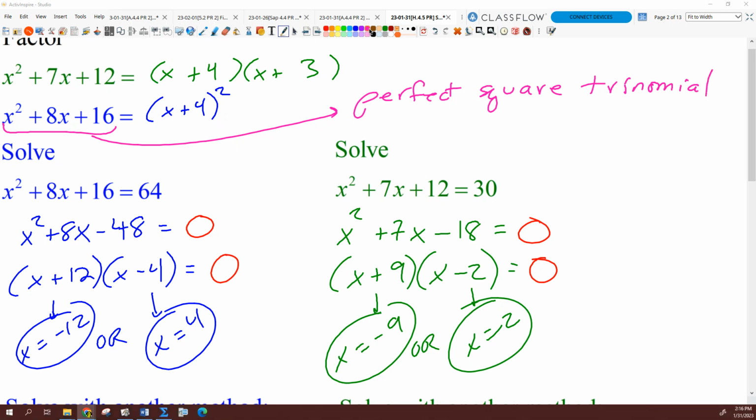Which factored into the same magic numbers twice, is what we always said, right? If we have a perfect square trinomial, we get the same magic numbers twice. So I'm always going to get a factor squared. Okay, let's take advantage of that.